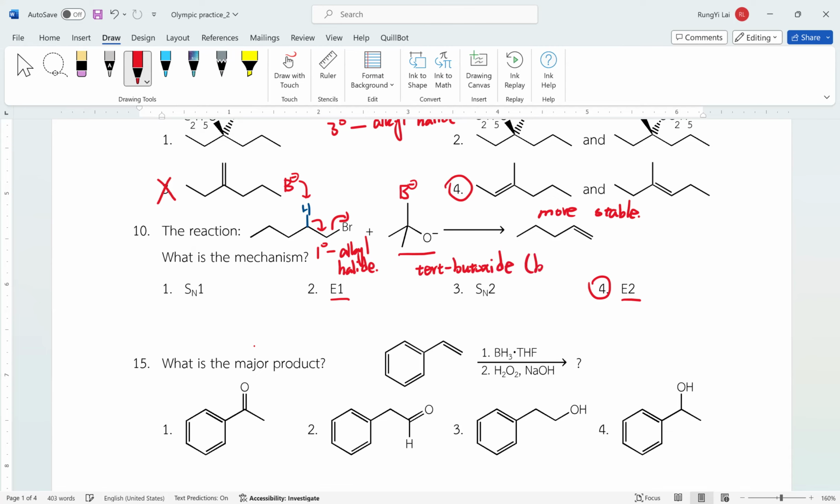So this is a bulky base. Even though it has the minus charge on oxygen, because the tert-butyl group is too bulky, it doesn't like to be the nucleophile. So in organic chemistry, we always use it as the base instead of the nucleophile.